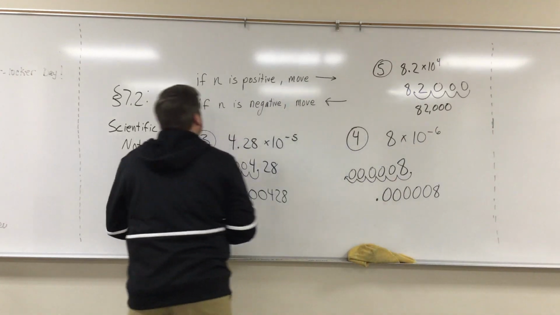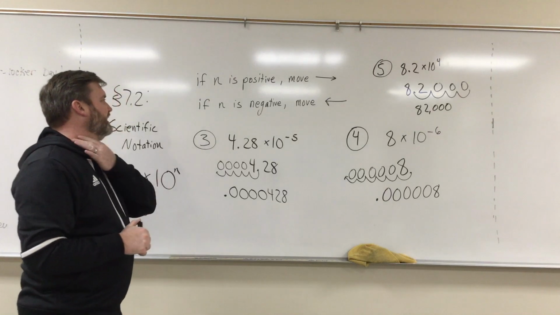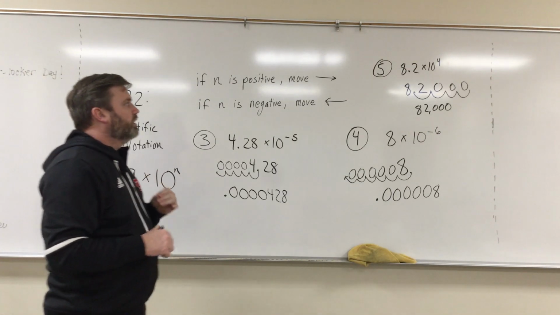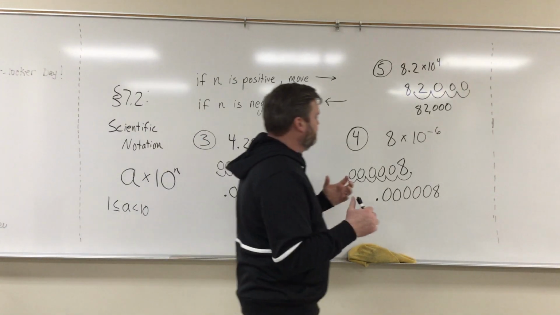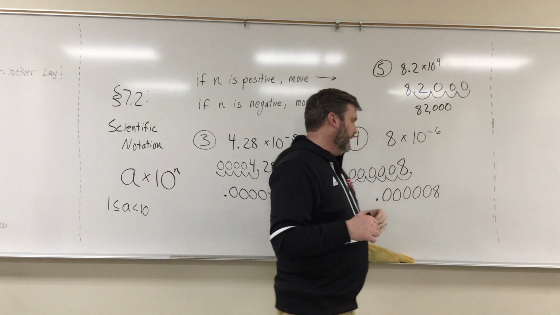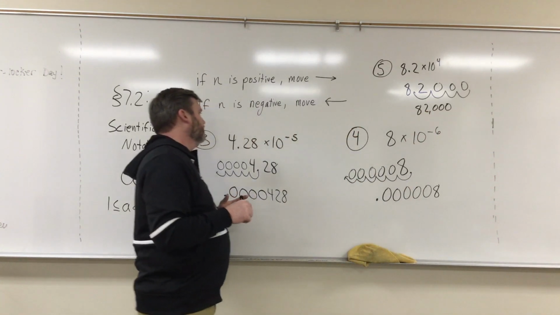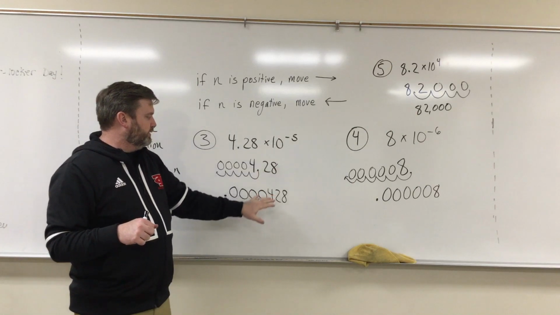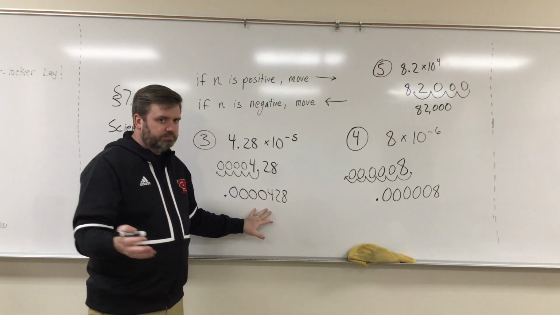What you should notice is that every time our exponent is positive, our final number in standard form is bigger than 1. And every time we do one where our exponent is negative, our final number in standard form is smaller than 1.